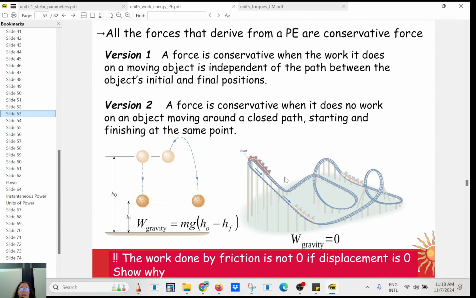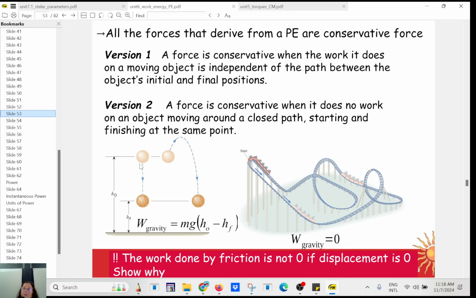Okay, so it says if there is a conservative force, remember conservative force meaning there is potential energy, then if the object goes around a closed path, there is no work. The total work will be equal to zero. So the total work done by the restoring force will be zero if the object comes back to the same place. So it's one definition of a conservative force.